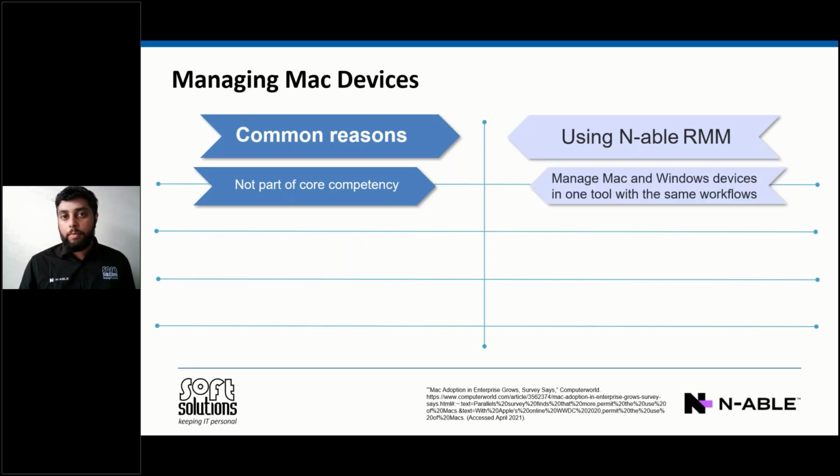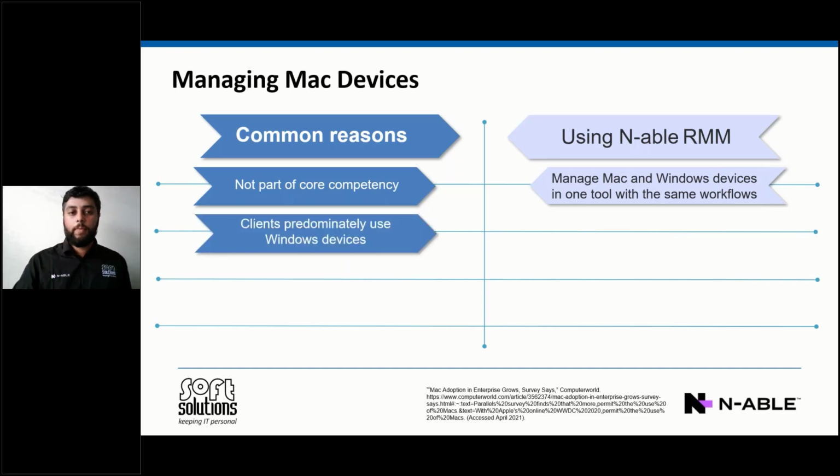With the Enable RMM, they're trying to make it so that the workflows you use to support your Windows devices, you're able to use for your Mac devices as well. So it makes your life a little bit easier, so that you don't have to be an expert in supporting Macs. You can leverage the RMM tool and use the standard workflows that you use to support your Windows devices for the Mac devices as well.